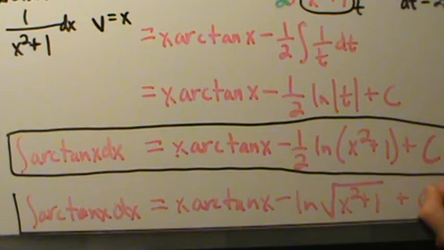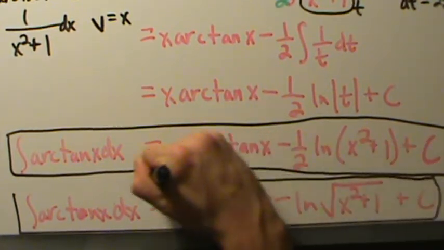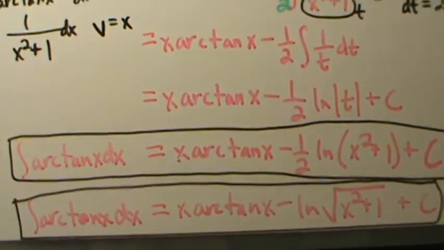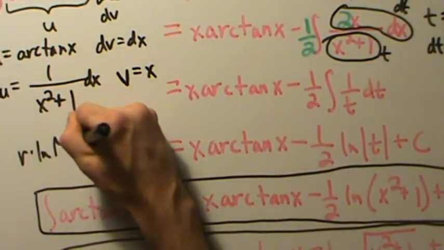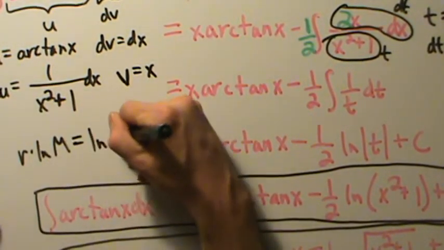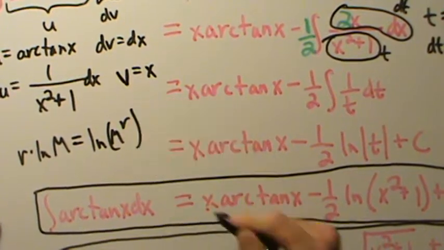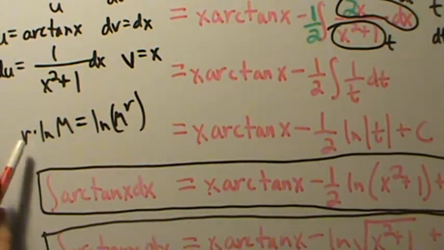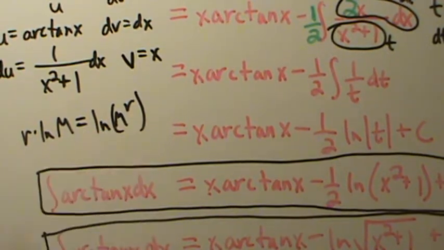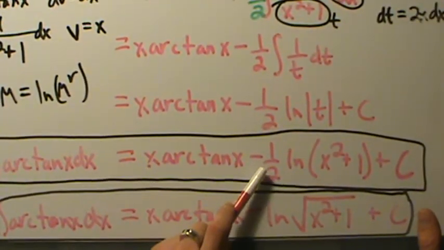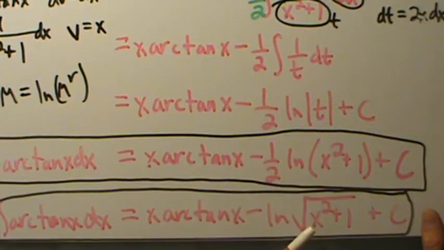And how is it the same thing? Because remember that rule for logs that says if you have a number times natural log of a thing, or any base log really, that's the same thing as natural log of that thing raised to that number. Okay, so factors on logs can come up as powers inside of the log. So this factor of 1/2 out here can come up as a power. So this would be x squared plus 1 to the 1/2.